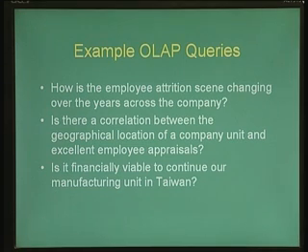Or something like, is it financially viable to continue our manufacturing unit in Taiwan? So it's a pretty vague query, right? What do we mean by financial viability? How do we calculate financial viability? Profits against costs and so on. How do we know that we are gaining more profits than the costs that we are incurring?